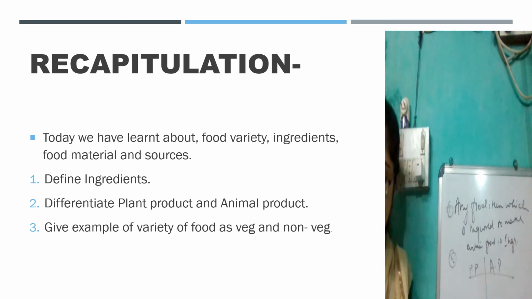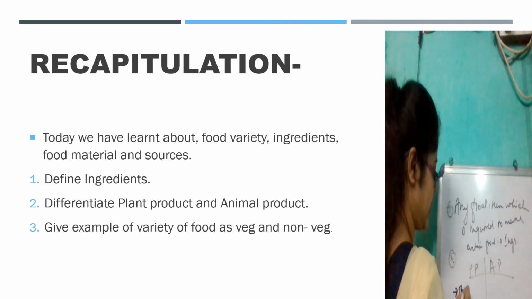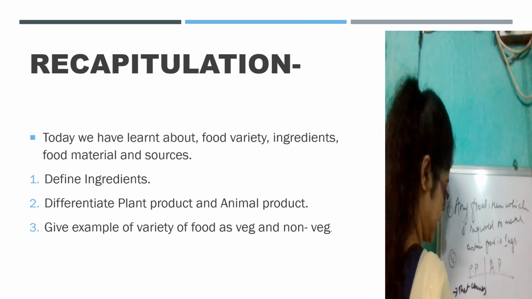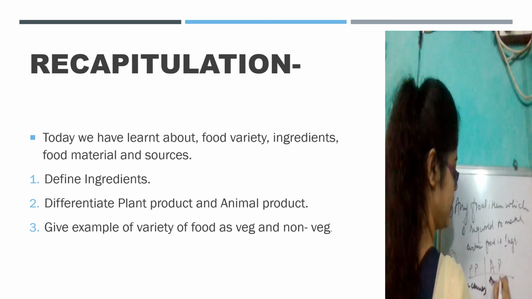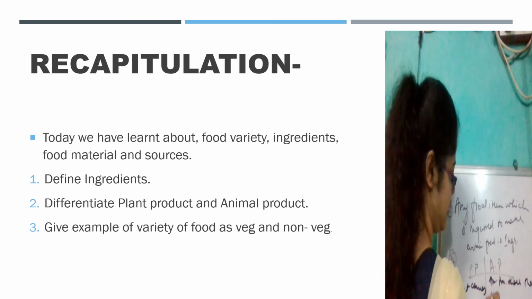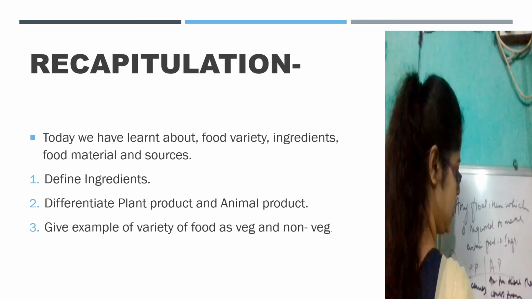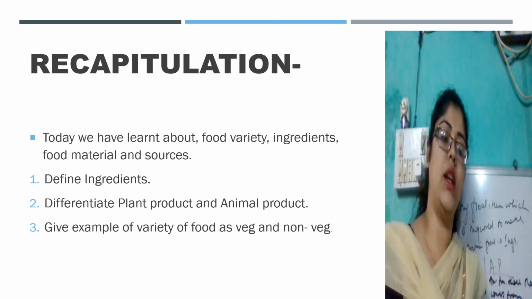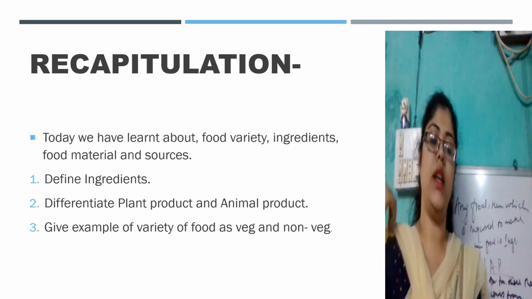So with this we can understand that plant products are those products that come simply from plant, while animal products are those that come from animal. Very simple, right?